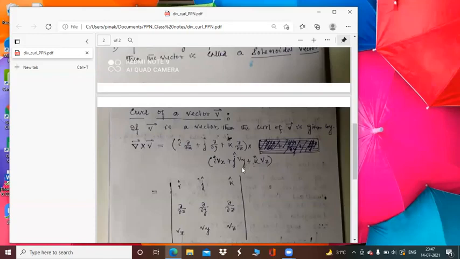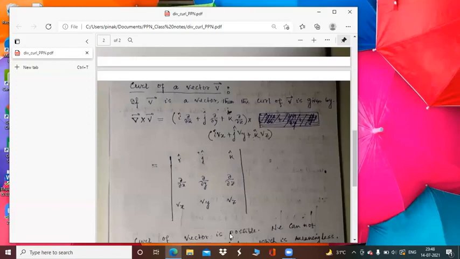Then, as you do in the case of cross product in the Cartesian component form, here also you form a determinant whose first row is i cap j cap k cap, second row is del x del y del z, and third row is vx vy vz. And if you evaluate this determinant, we will have the curl of the vector v bar.